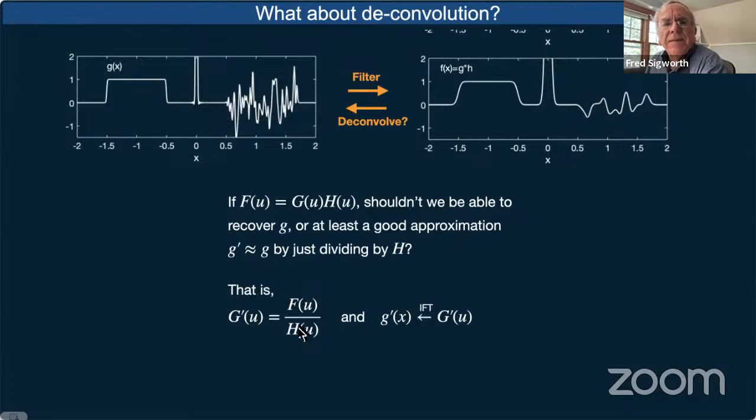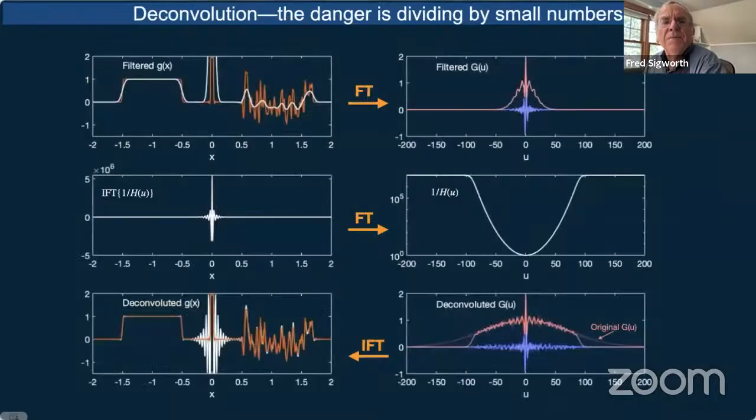All we would have to do is divide by H of u. So we take the result, we divide it by H of u, and get some kind of g back. So that's a deconvolution operation, and doesn't always work well.